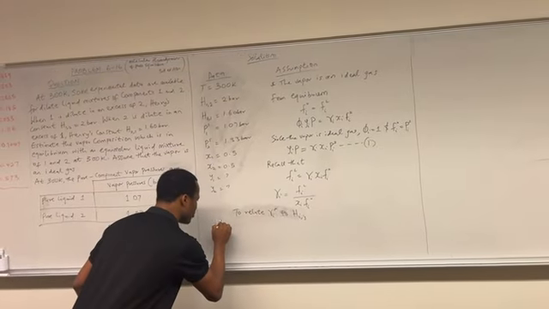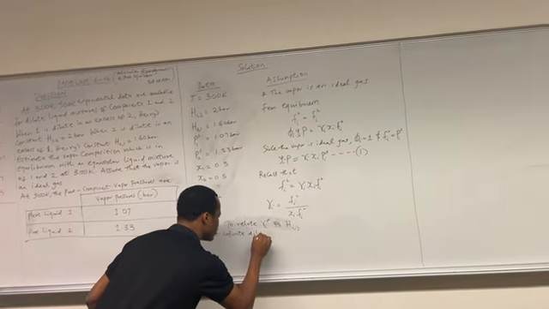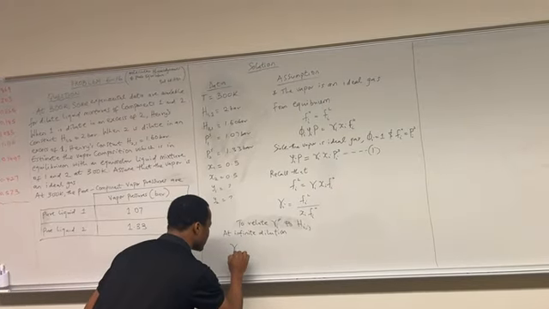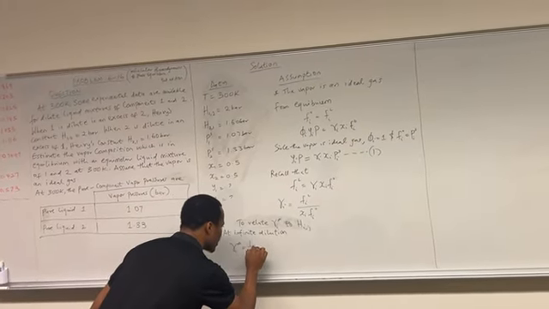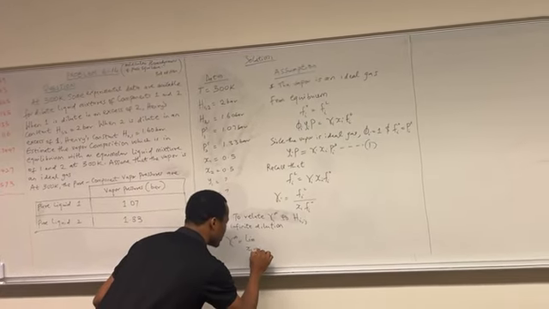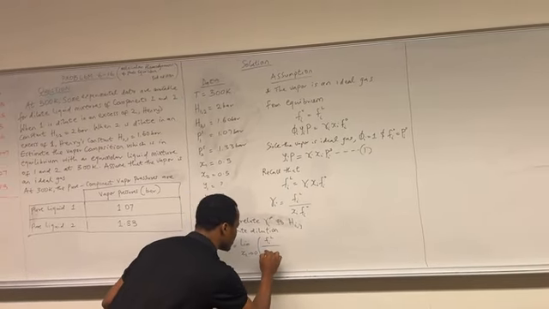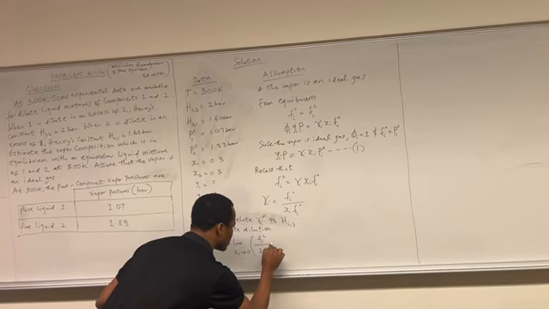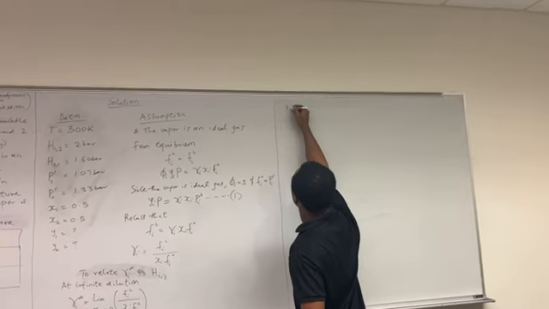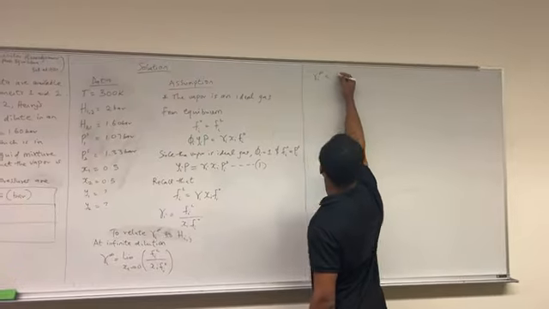So we have at infinite dilution, this is equal to taking the limit as the liquid composition of the component tends to 0, taking the limit of the right hand side. Now this is a constant, so we factor it out.